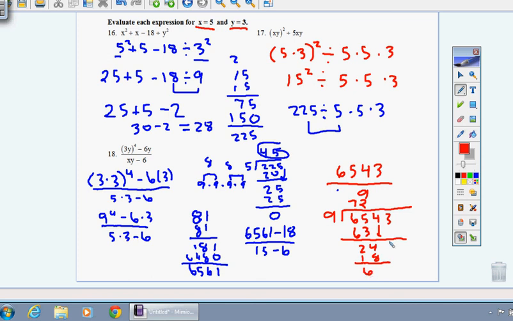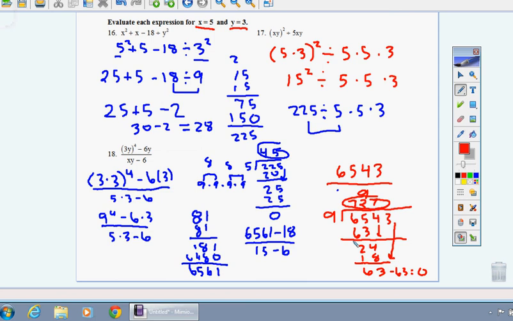Does 9 go into 6? Nope, so we have to bring down the 3. This is going to work out nice because 9 does go into 63 7 times. 9 times 7 is 63. 63 minus 63 will give me a remainder of 0. So 6,543 divided by 9 gives me a final answer of 727.